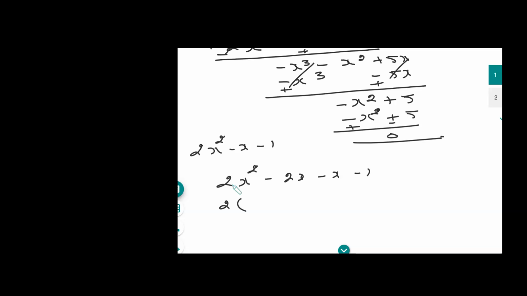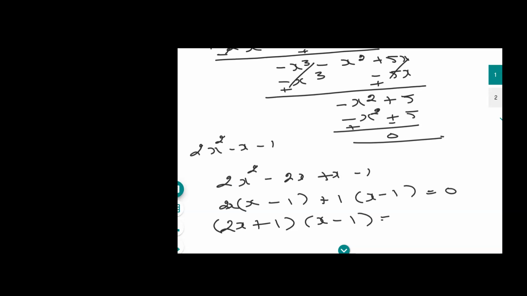Take 2x as a common factor for the first two terms, and minus 1 for the last two, so it is 2x into x minus 1 plus 1 into x minus 1, so (2x plus 1) times (x minus 1) is equal to 0.